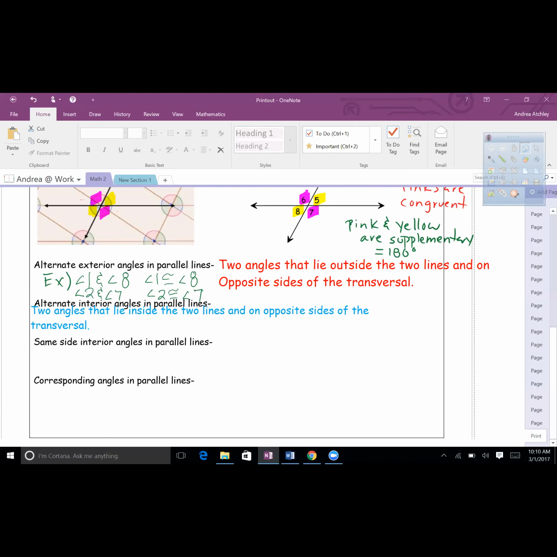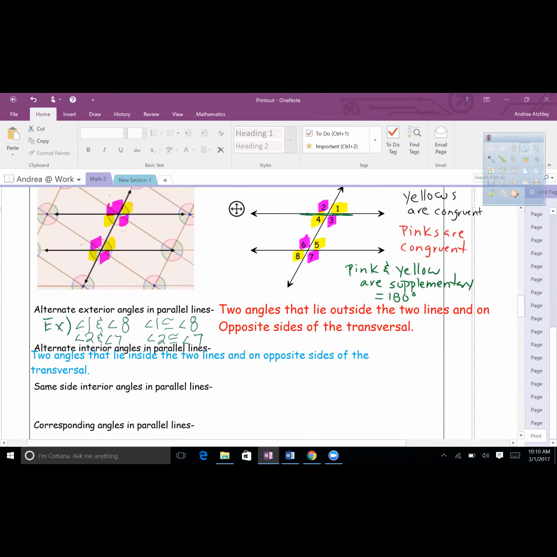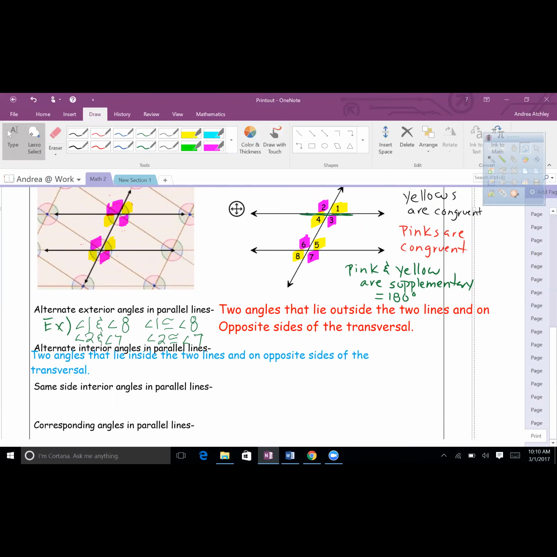Any questions over that? So if we look back at our figure, the 3 is inside and the 6 is inside, and they're on opposite sides. One's on the right-hand side of the transversal, one's on the left-hand side of the transversal.